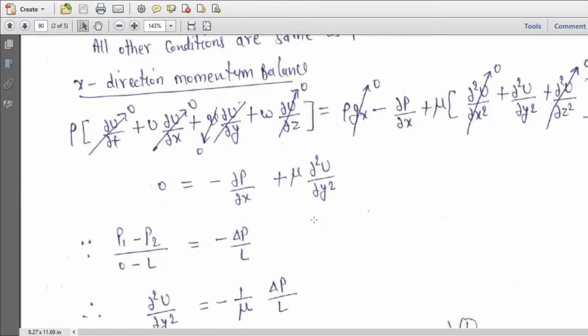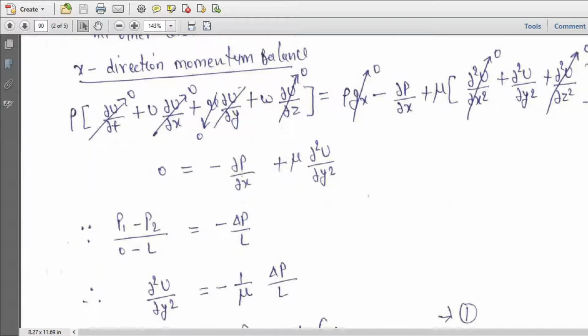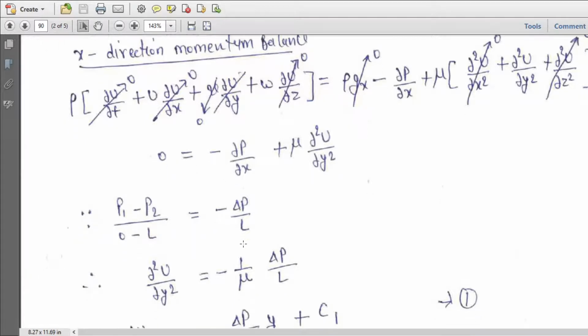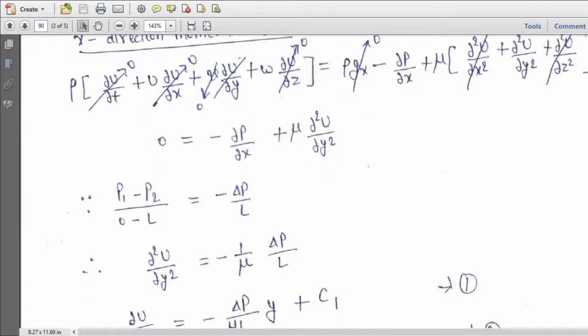Now this del p upon del x, the applied pressure gradient, would be calculated as p1 minus p2 over 0 to L, which is minus delta p upon L. So del p upon del x is equal to minus delta p by L. So d square u upon dy square equals minus delta p by mu L.